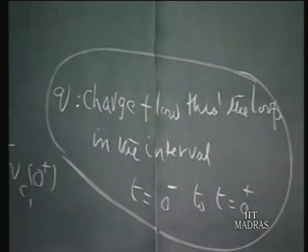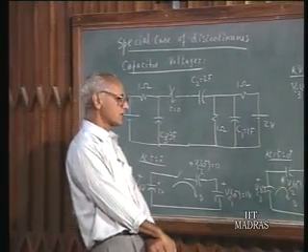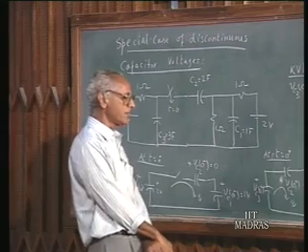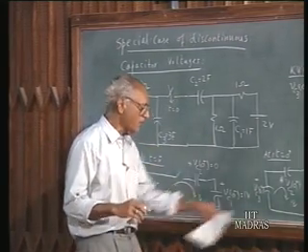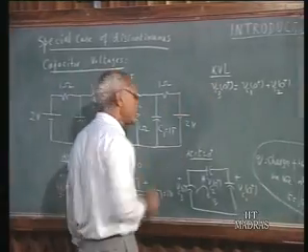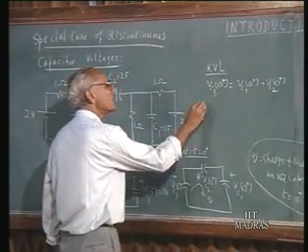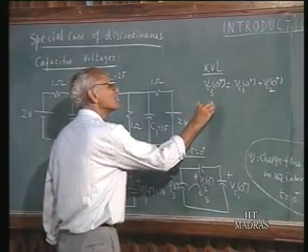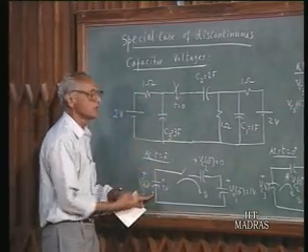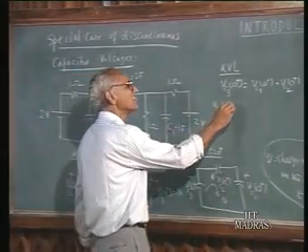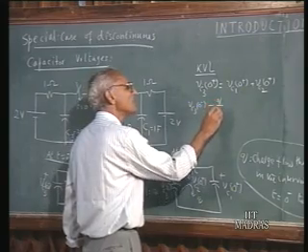So there must be a sudden increase or decrease in charge in the capacitors. That means an impulse current must flow, dq by dt turns out to be an impulse, but the area under the impulse is finite, therefore instantaneously an additional charge must flow. And what is the value of this charge? Vc3 0 plus equals Vc3 0 minus, and there is a charge q coming out, therefore the resulting voltage drop is q by C3.